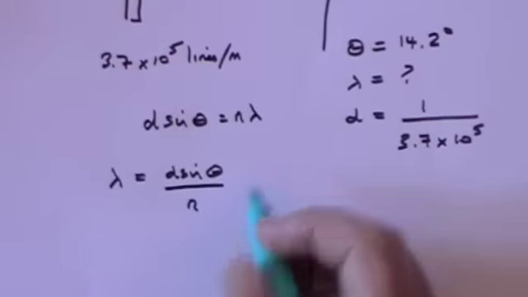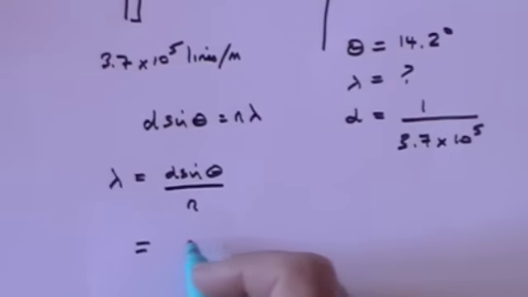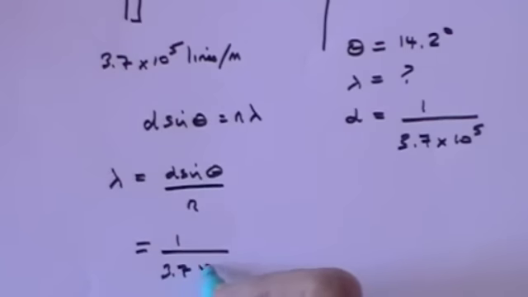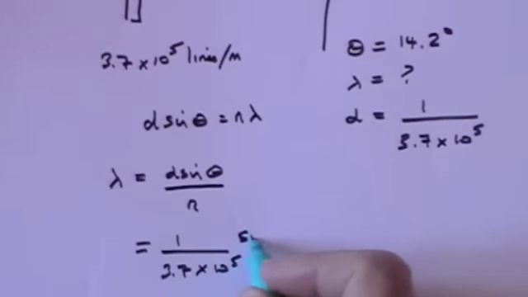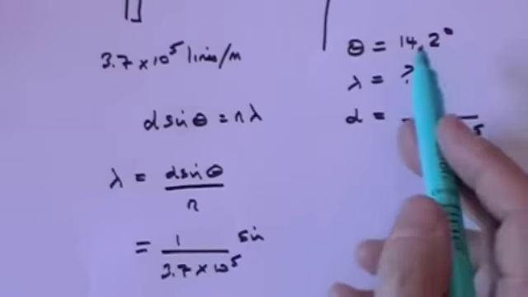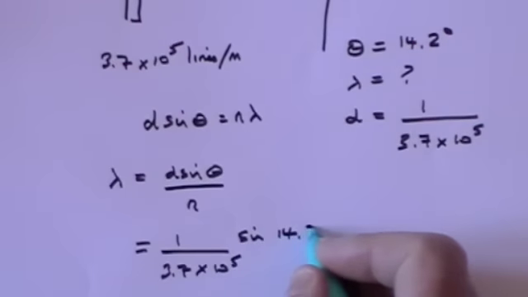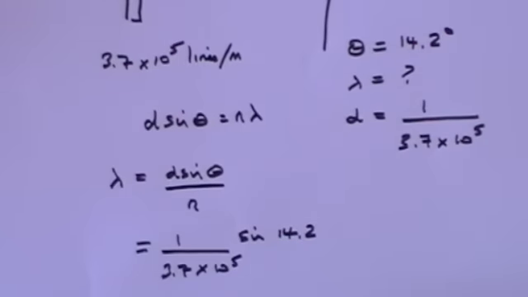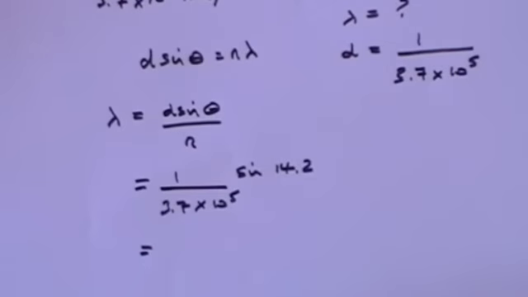So that's simply going to be equal to d, which is 1 over 3.7 times 10 to the 5th, times the sine of 14.2 degrees. And if you calculate all that out, you will find that lambda is equal to 6.63 times 10 to the minus 7 metres.